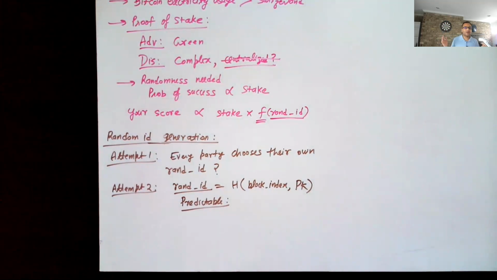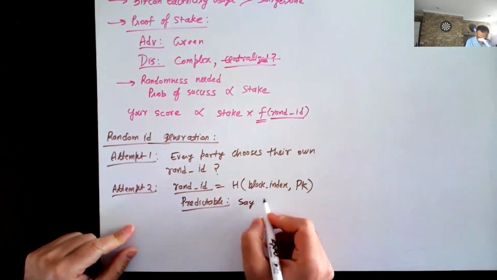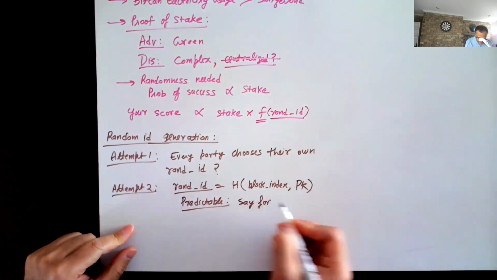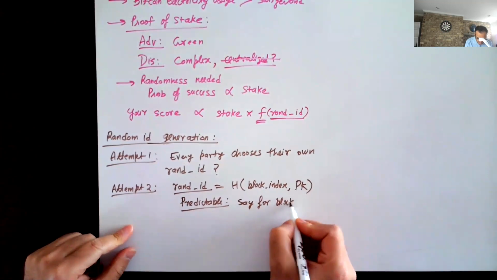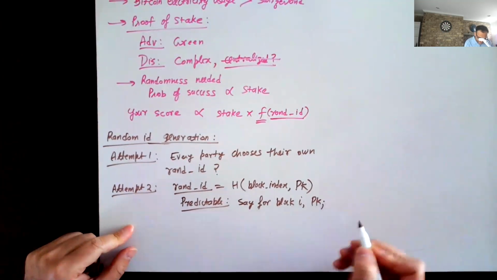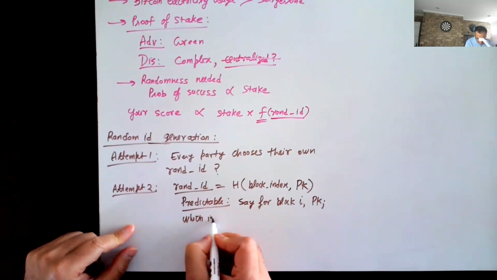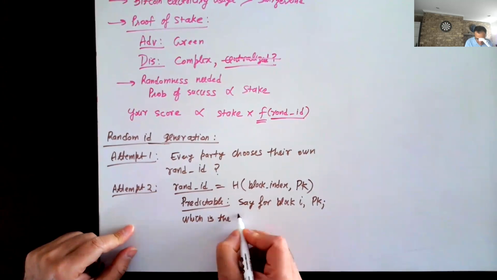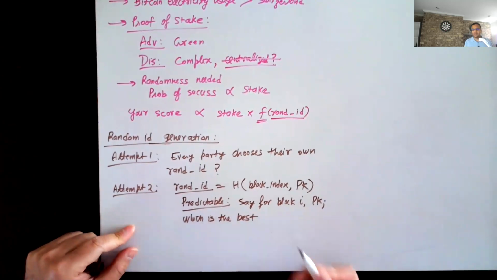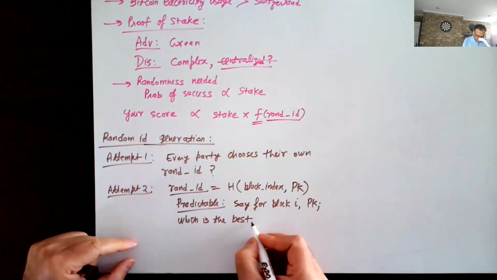So let's say for block i I have some public key pkj which is the best. And I can do this computation far into the future, a lot in advance.